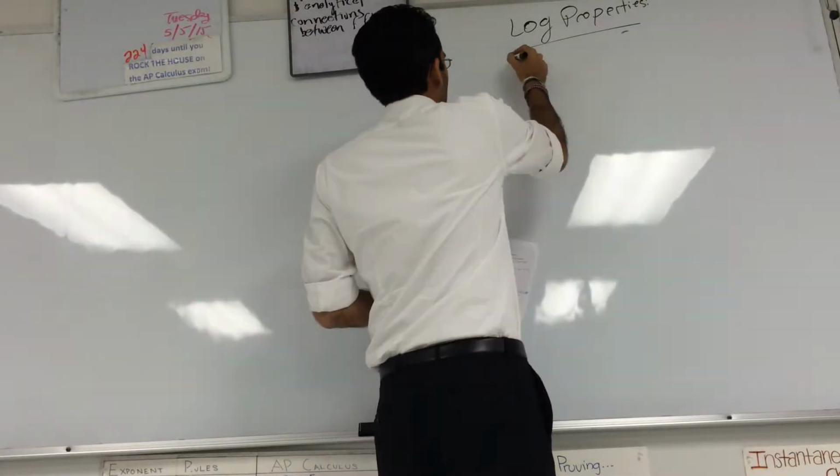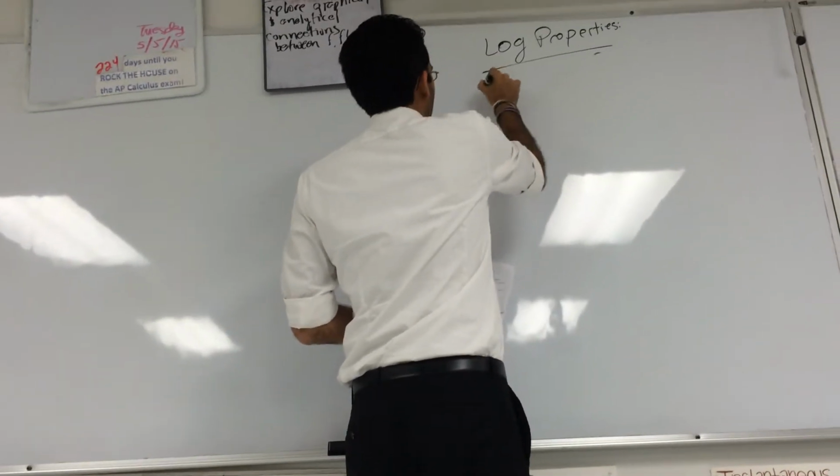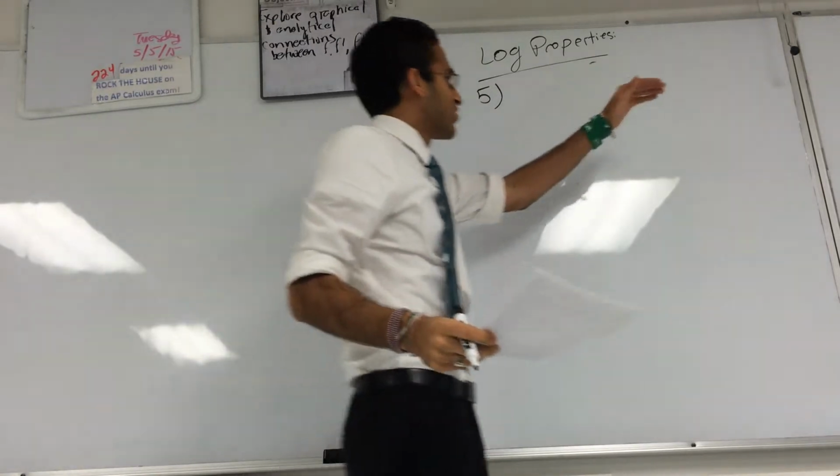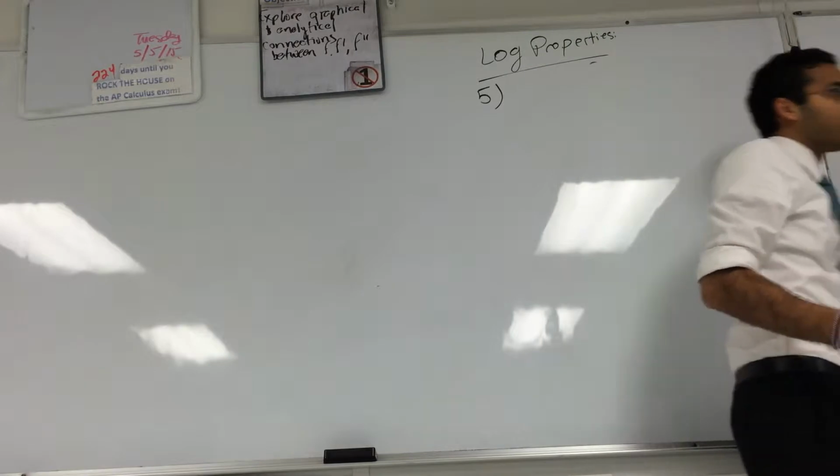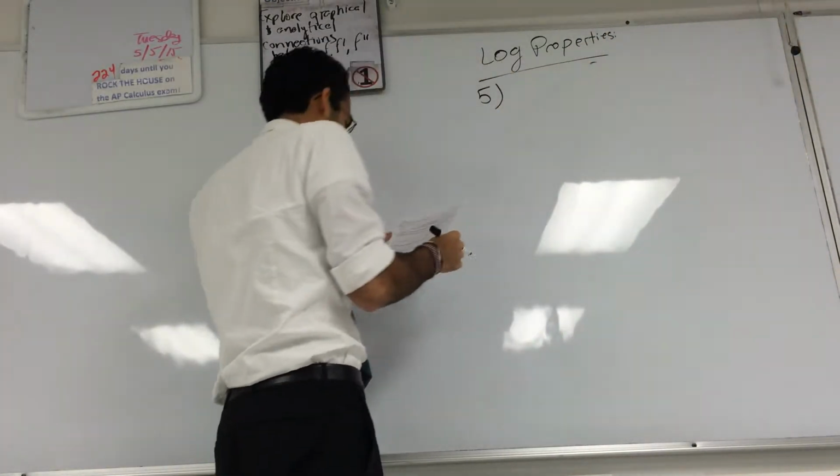Okay, so last rule, rule number 5. We had a rule for addition and multiplication. We need a subtraction rule now. The subtraction rule is as follows.